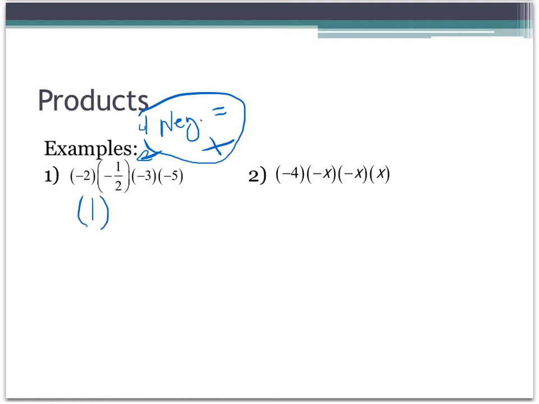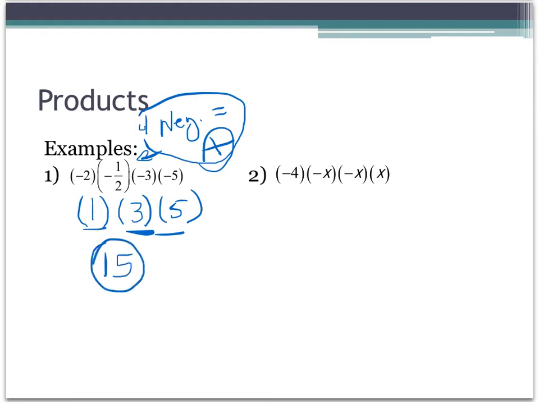And then I want to take 1 times 3 times 5. Again, I know that I'm dealing with signs here, but I know that my answer is always going to be positive, so I'm just going to deal with the digits. So 1 times 3 times 5 is going to be positive 15, and that's going to allow me to do things very, very quickly.